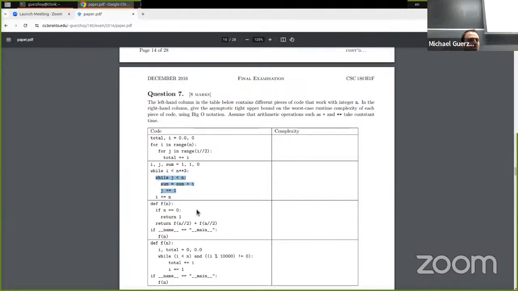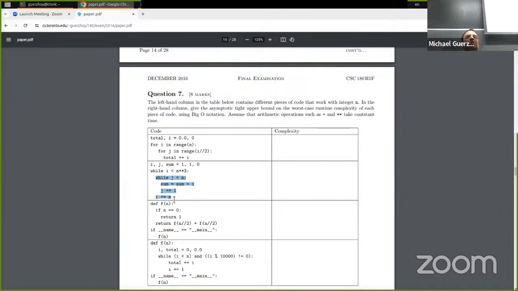I don't understand the second part. Why does it run n squared times? Well, because you're going 0, n, 2n, 3n, 4n, and so on up to n cubed. So how many steps to go from 0 to n cubed in steps of n? n cubed divided by n.